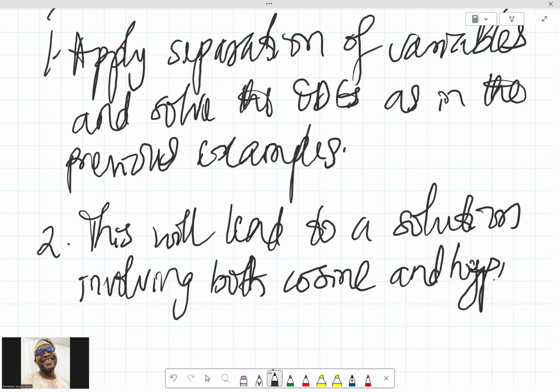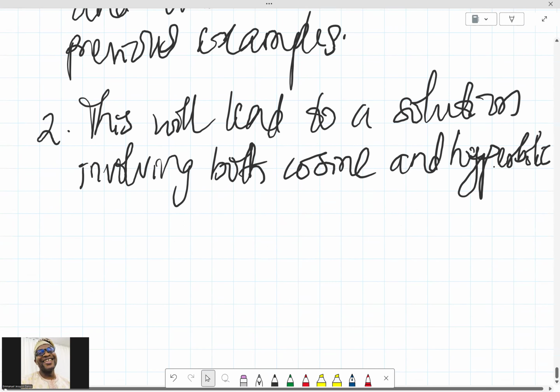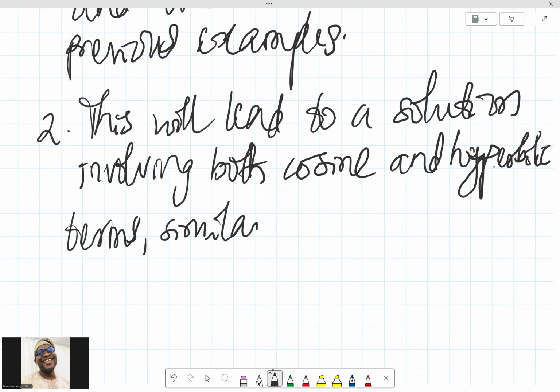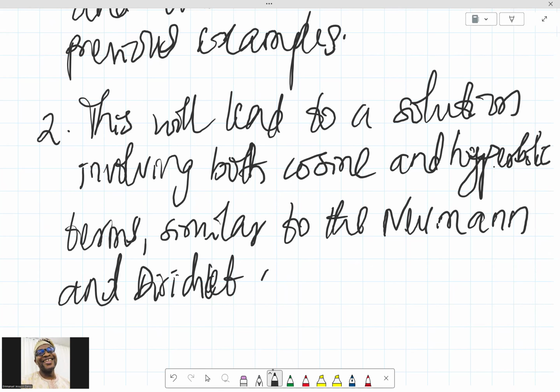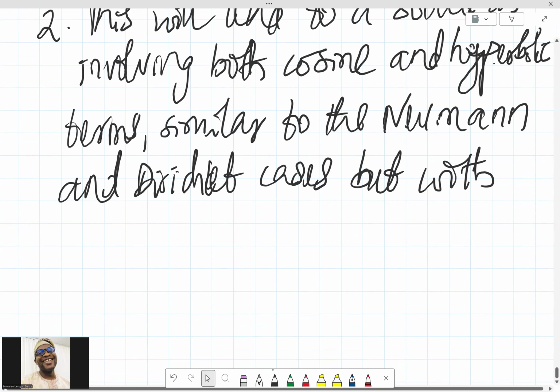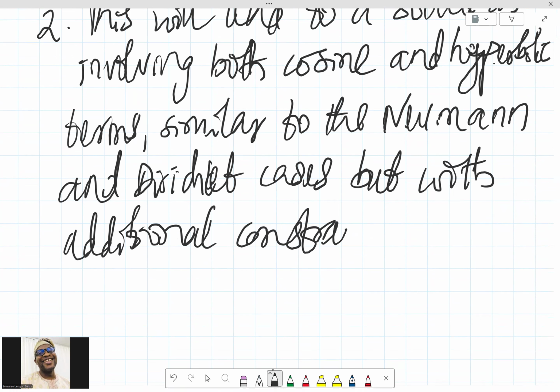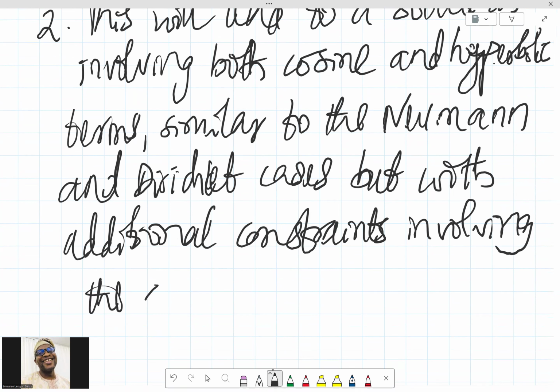We already have something like that for the Neumann boundary condition. So with both cosine and hyperbolic terms, similar to the Neumann and Dirichlet cases, but with additional constraints involving the convective heat transfer.